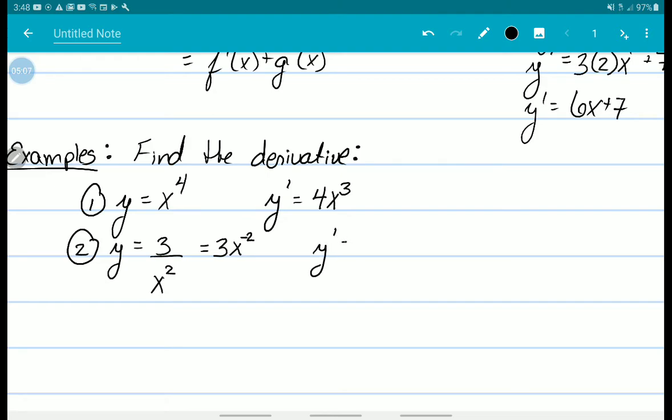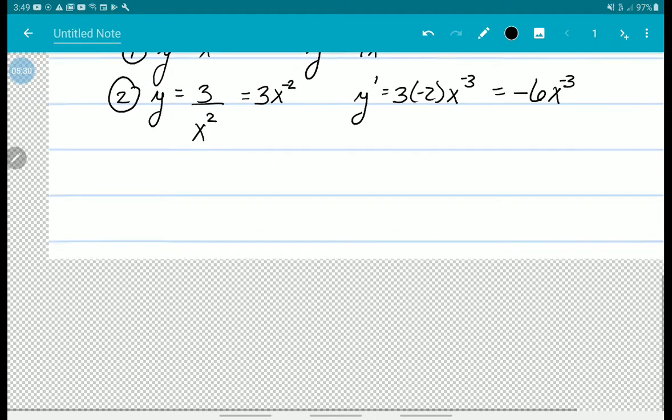So now if I take the derivative, I keep the 3, I bring the exponent down, and I subtract 1 from the exponent. -2 minus 1 gives us a -3 as a new exponent. And then you always want to simplify. This is going to be -6x to the -3. It's fine to leave negative exponents.